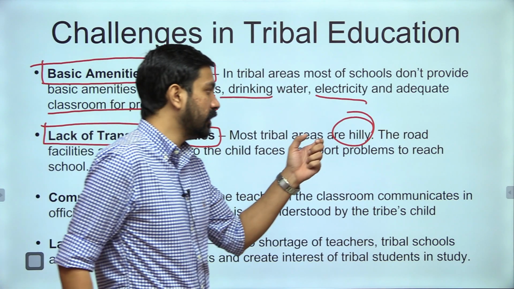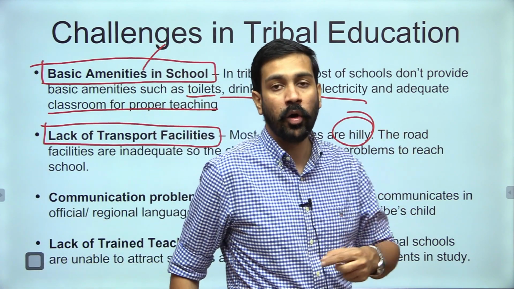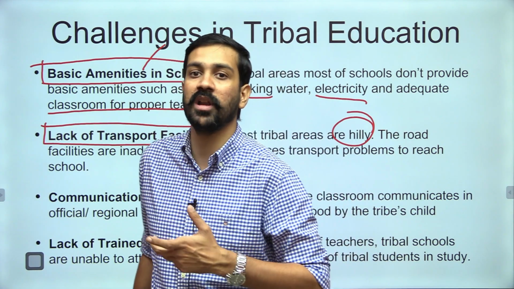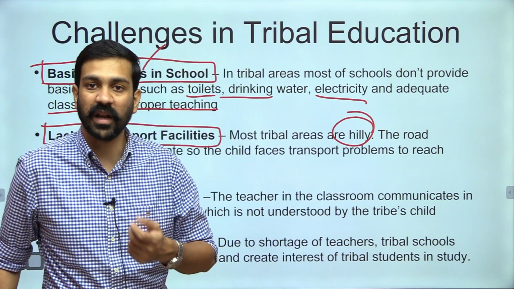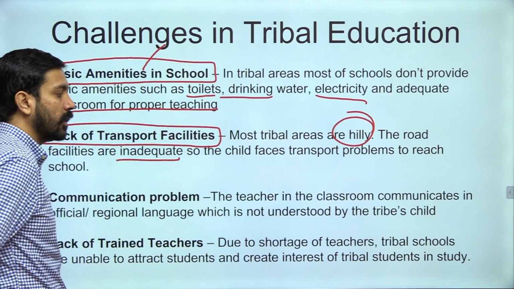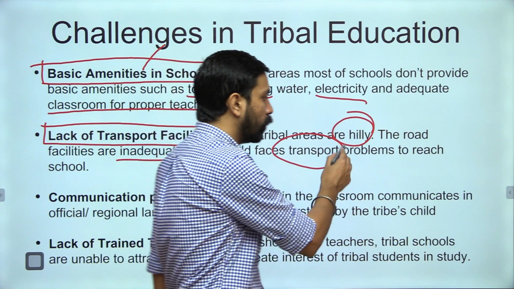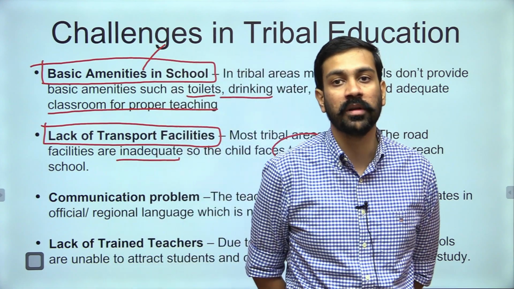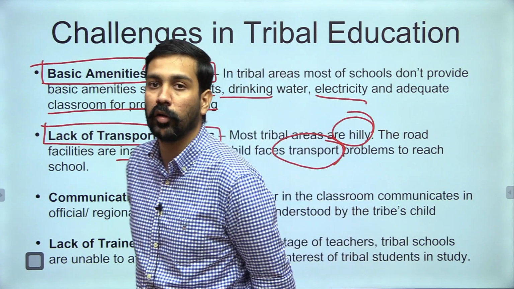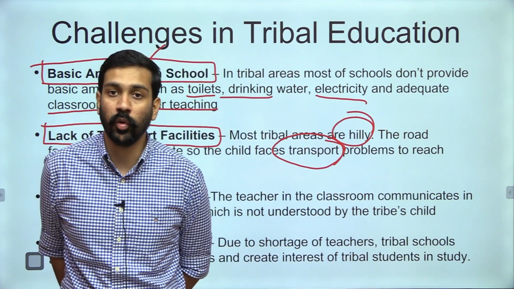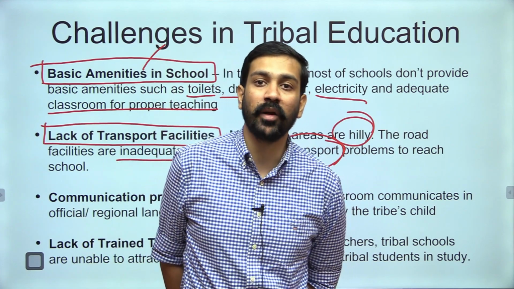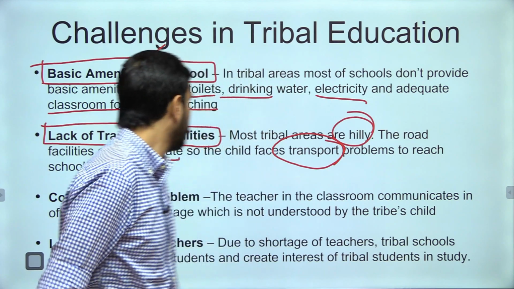There is no proper connectivity, because of which road facilities are inadequate and children face transport problems to reach their schools. Even if the school is there and basic amenities are provided, there is no road or connectivity through which the child can reach his or her school.